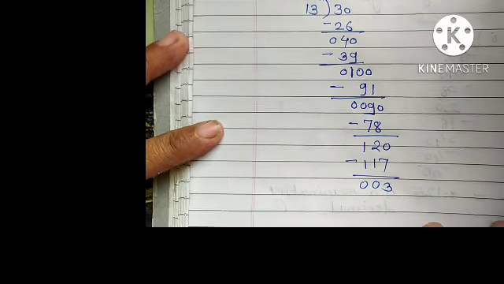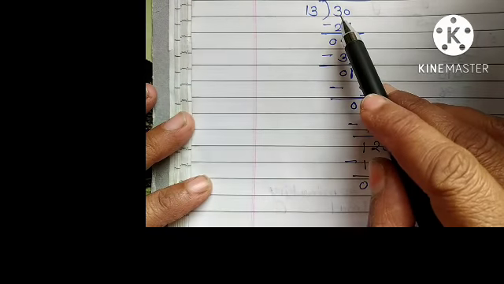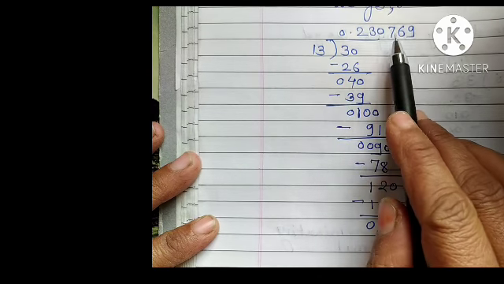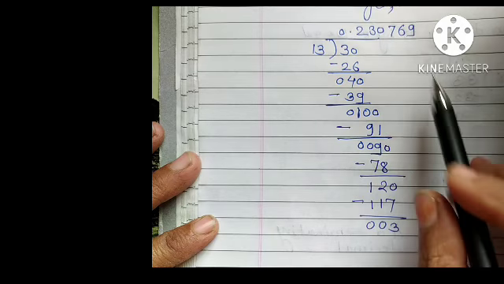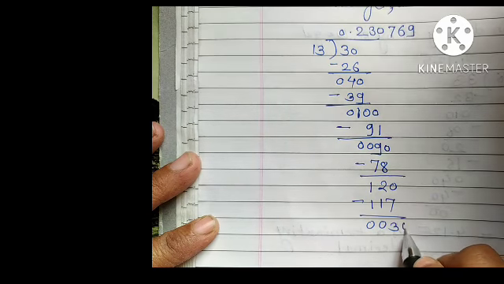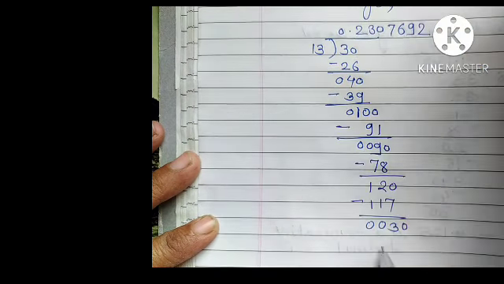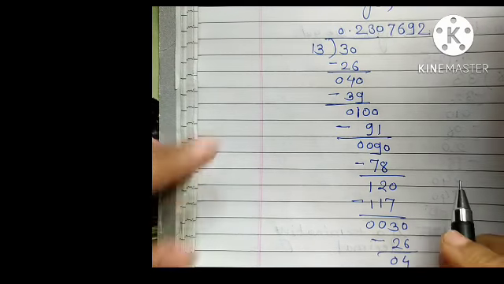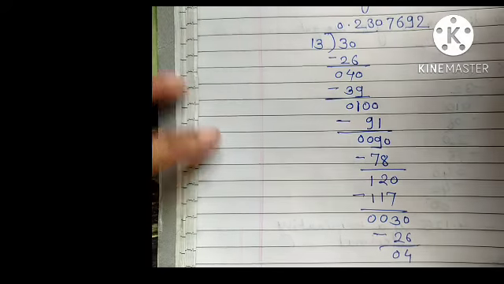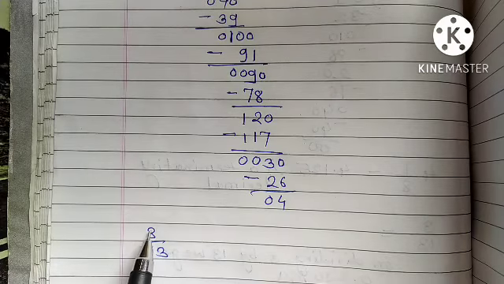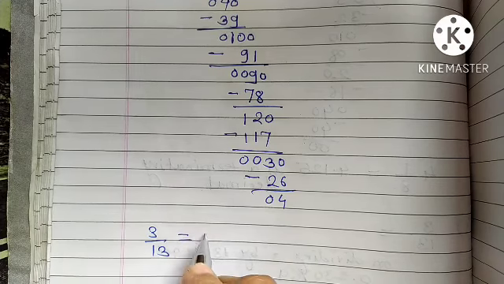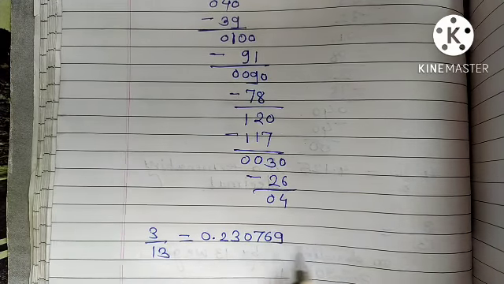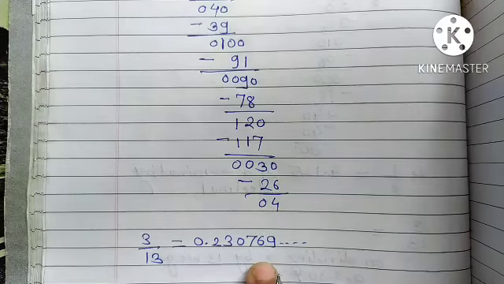When you observe here, at the start we began with 3 and here the remainder is 3. That means after 2 3 0 7 6 9, when we put a 0, it will become 30 again, and the remainder will again be 4. That means the group of numbers will repeat from here. So the decimal expansion of 3 by 13 is 0.230769, and after that it will repeat again and again.